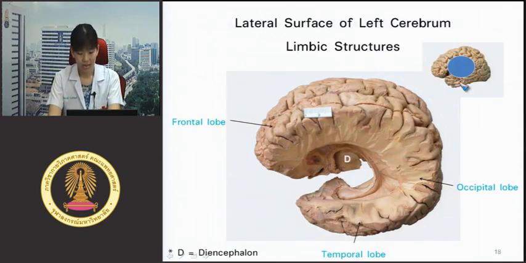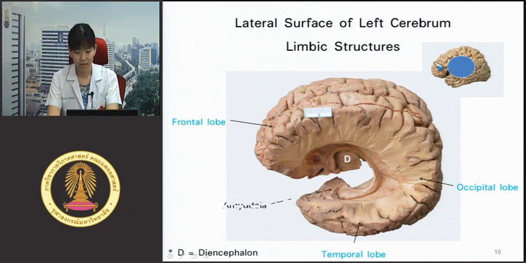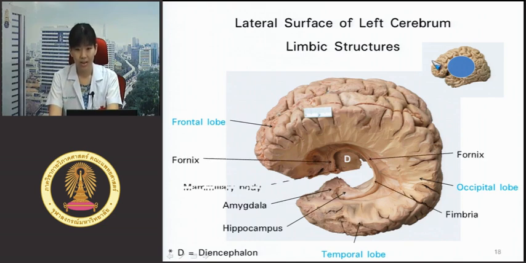A deep and extensive dissection through the left cerebral hemisphere to identify structures of the limbic system is done in order to identify the amygdala, hippocampus, fimbria, fornix, and mammillary body.